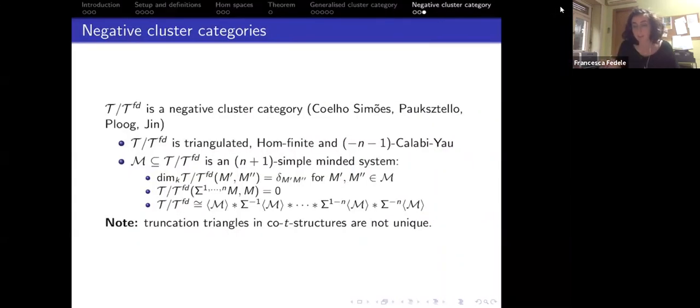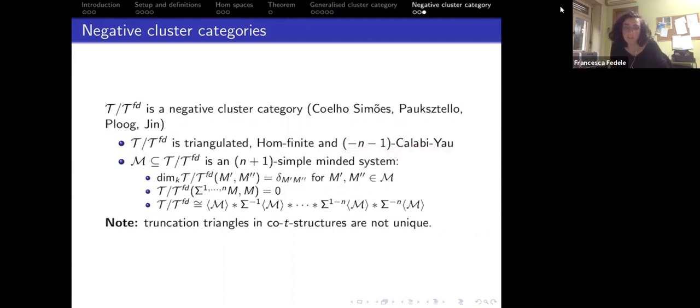So basically, these were already proved, but by reproving the theorem on the Hom spaces that I was talking about before, one can reprove that these properties hold. So still that T over T^fd is triangulated, Ext-finite, and has this negative Calabi-Yau property.